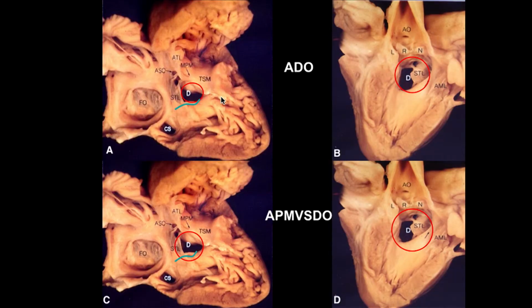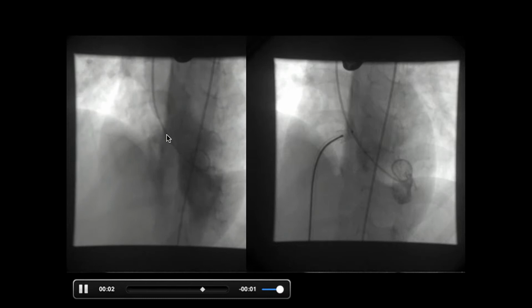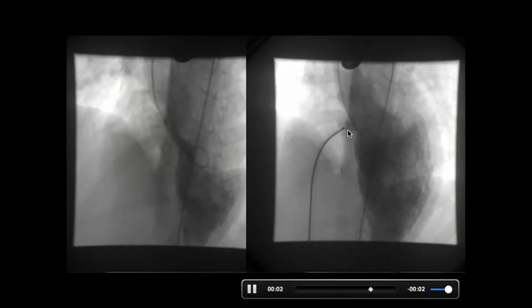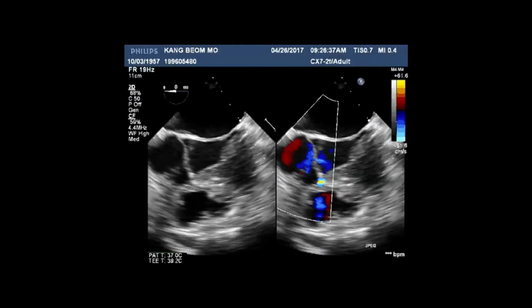The Amplatzer ductal occluder has no right ventricular disc, so on the right side, we don't worry about touching the AV bundle. And on the left ventricular side, the area touching the left bundle branch is much less compared to the muscular VSD occluder. This is the PM-VSD with the aneurysm, and I closed it with the Amplatzer ductal occluder successfully, and I reported it to a journal.